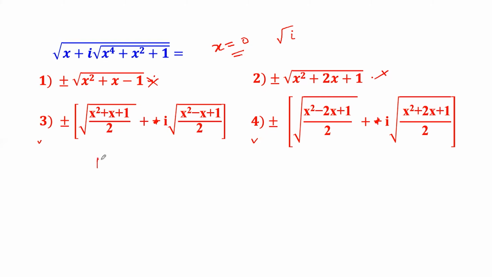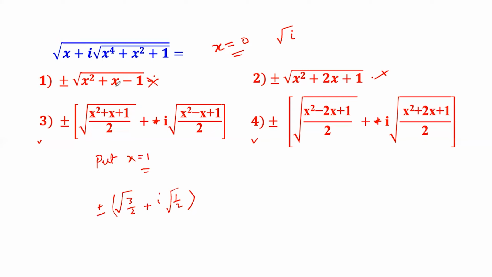Now put x is equal to 1. So this is under root of 3 by 2 plus i under root of 1 by 2, with under root, and there we will get 1 by root 2 plus i times this, with a plus or minus sign. Maybe this plus sign or minus sign, we have to get this, right?